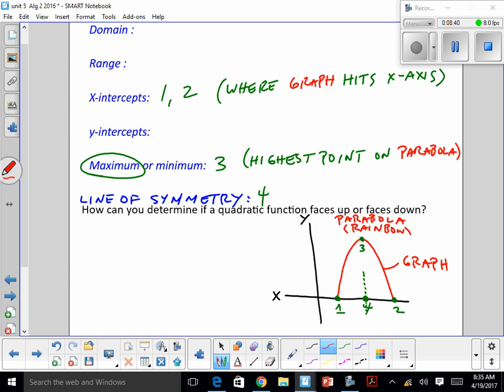We have a line of symmetry on our body where if you cut us, the same thing will be on the left and right. And a parabola always has the same mirror image on the left and the right. How do you know where to cut it? You cut it on the line of symmetry.